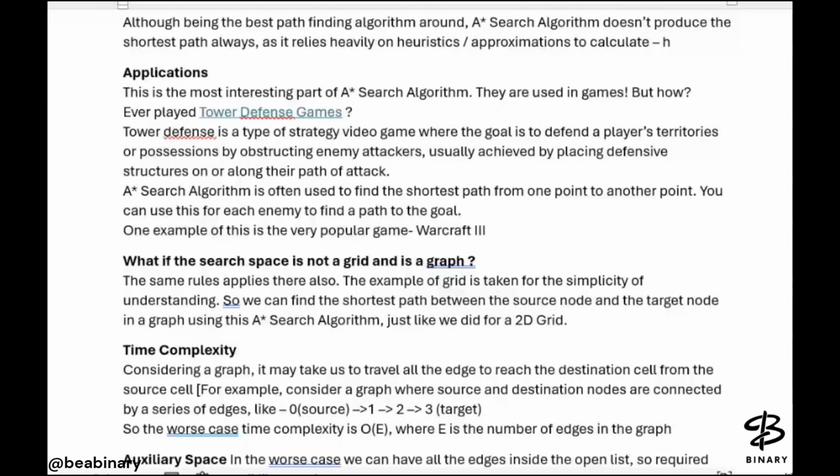When we are talking about a tree, we talk about the time complexity in terms of vertices and edges. How can we define the time complexity of the A* algorithm? In terms of trees, we talk about b and d.